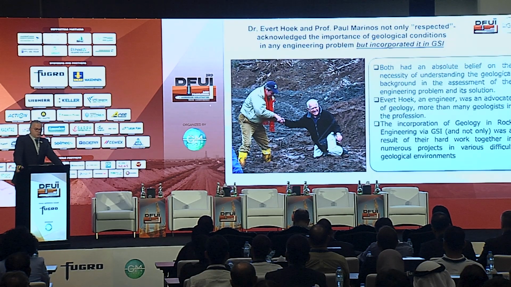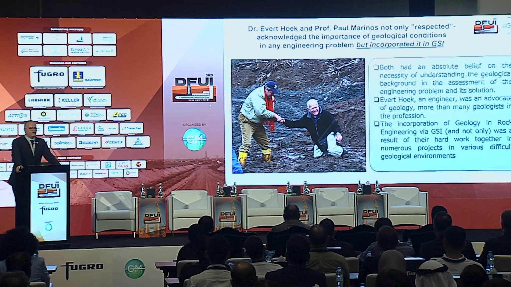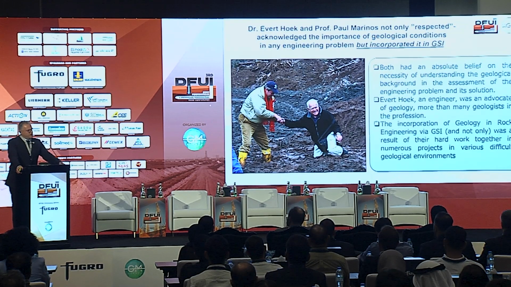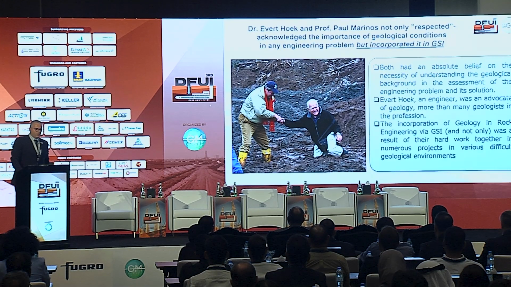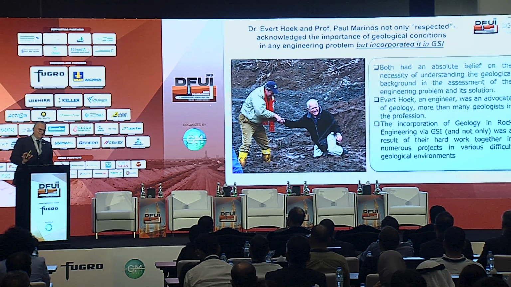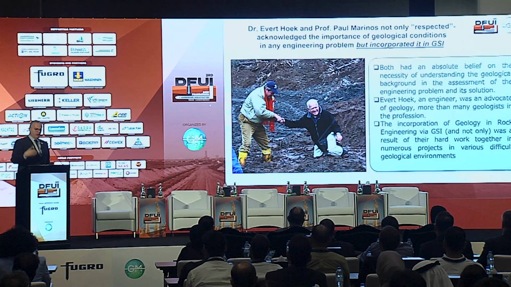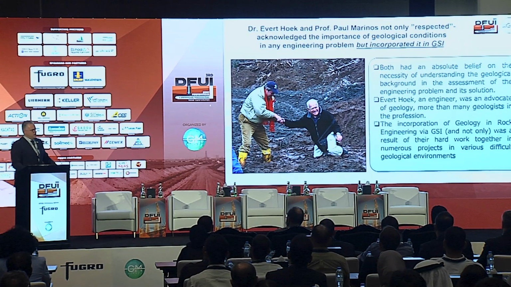Dr. Everett Hoek and Professor Paul Marinos saw that need. They not only respected the importance of geological conditions, but incorporated it into the GSI, the Geological Strength Index. They both strongly believe that any design, any number, must be accompanied by the geological identity of the material, in order to understand what is behind, below, and next to that ground investigation assessment.